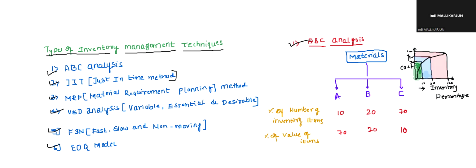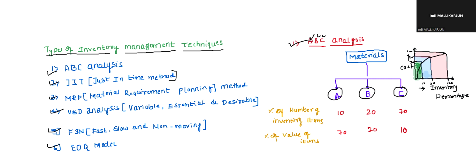ABC analysis: ABC means Always Better Control. In inventory management, we have several inventories, and we divide the whole materials into three categories: category A, category B, and category C. Here A means among the inventories, certain materials have a higher price, but quantity-wise they are fewer.